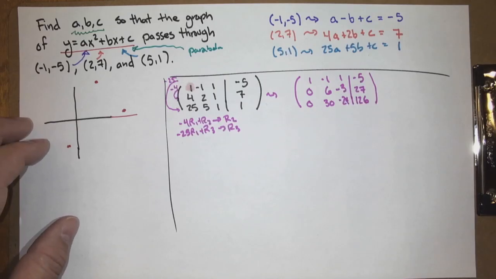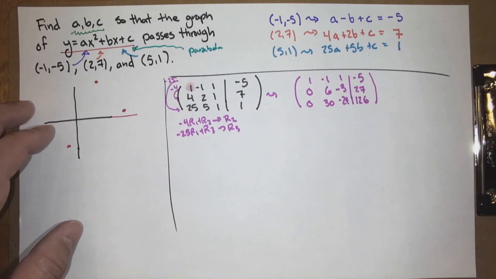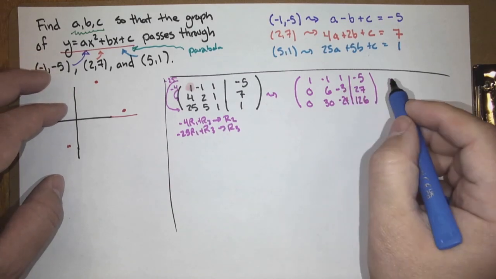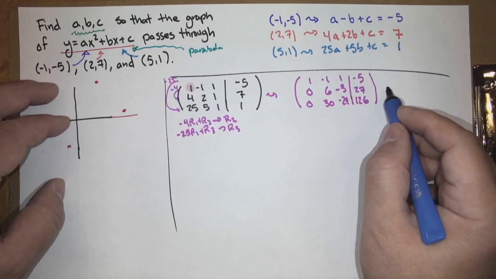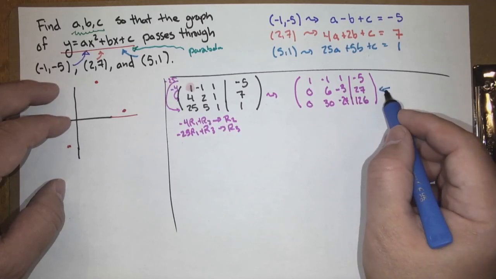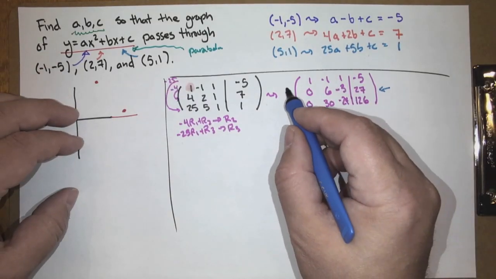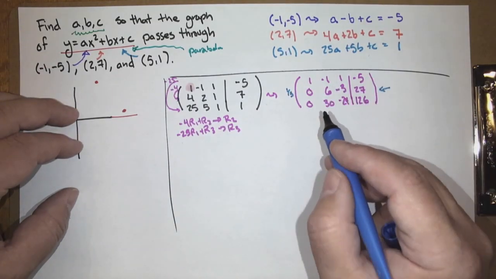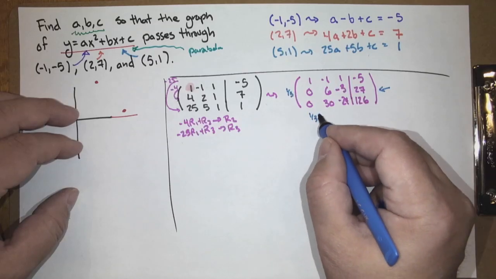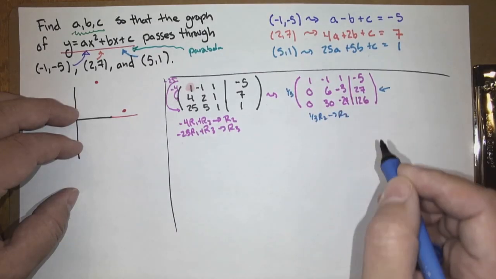I know it's a vague question. We can scale. Looking at the second row, 6, negative 3, and 27, does anything divide into all those simultaneously? 3. So we can go ahead and scale that by 1/3. So that would be 1/3 row 2 becomes row 2.